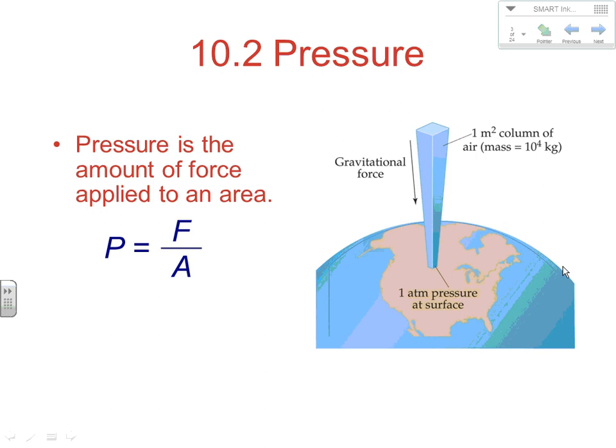So gases are a little bit trickier because you don't see them. So you need to understand that the same thing is true. When you're looking at air pressure, the pressure around you, it's really the gravitational force that's exerted on the entire column of air that is pushing down on you. So if you take a look at this meter squared column, so a meter by meter area, and that goes all the way up to the upper atmosphere.